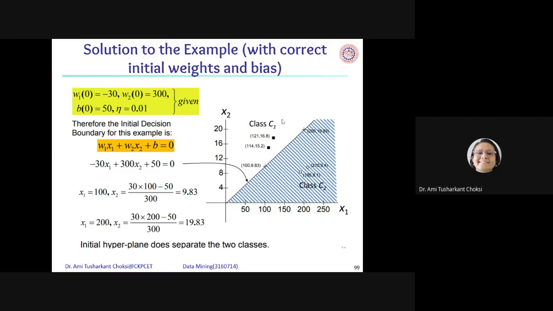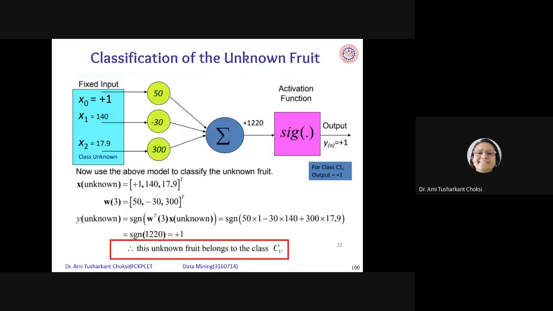As the correct weights and bias are given, we are able to get the classes, and they are linearly separable. That was with correct weights and bias given. Then we give the unknown fruit and predict the value, and it says that the unknown fruit is part of class 1, right?